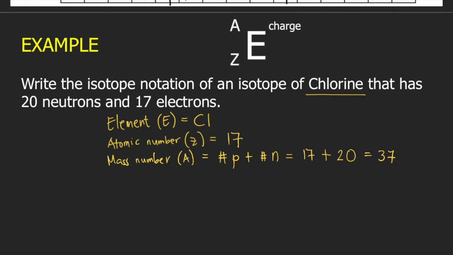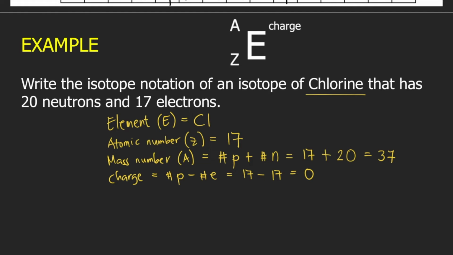So our mass number is 37. And lastly, the charge is equal to the number of protons minus the number of electrons. The number of protons is 17 minus the number of electrons, which according to the problem is also 17. So the charge is 17 minus 17, that's 0.